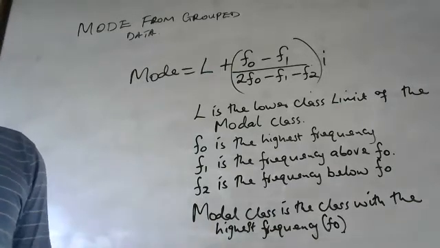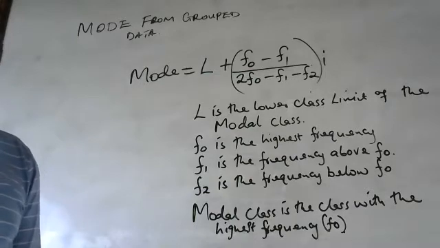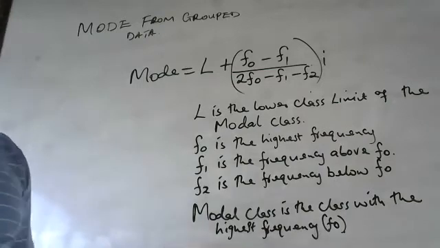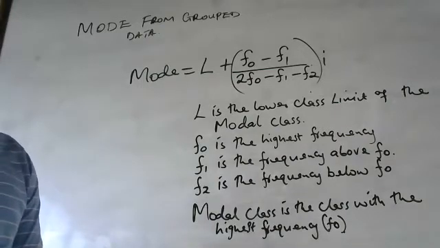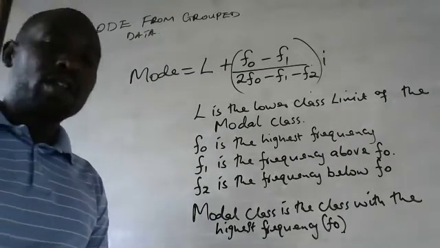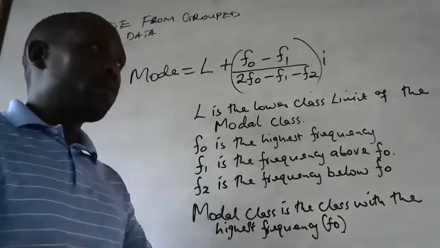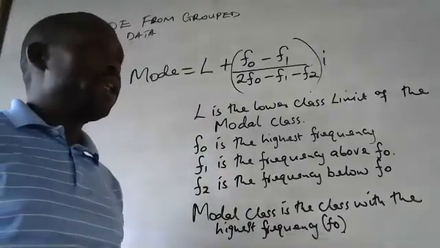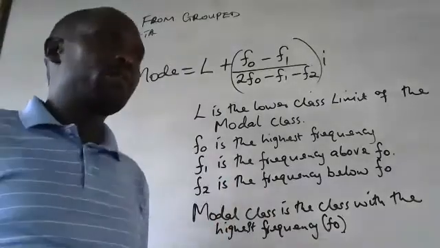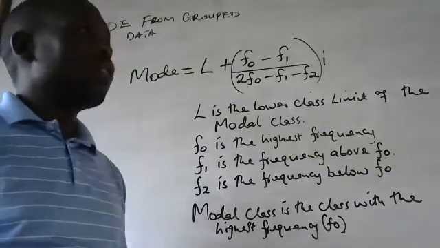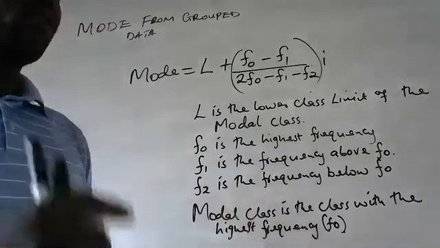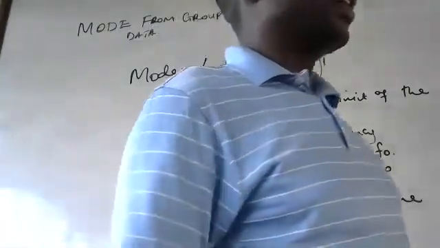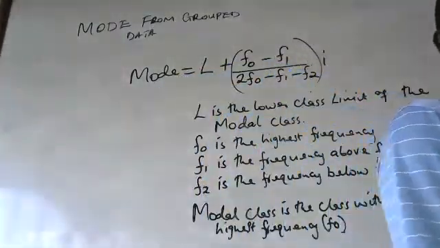It is a very simple measure of central tendency because in this particular kind of question, you don't have to create any additional column. Like for example, for the mean, we must create X and FX. For the median, we must create a cumulative frequency. For the mod, the way the classes appear is enough.